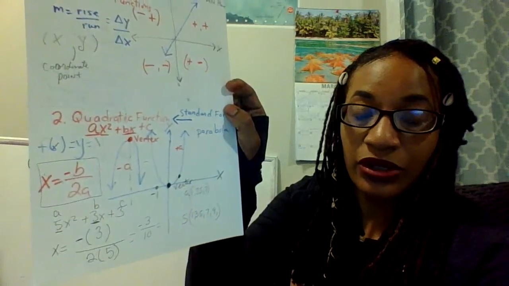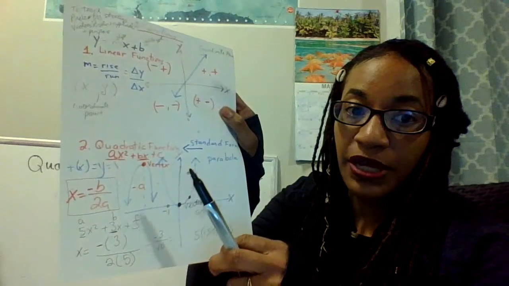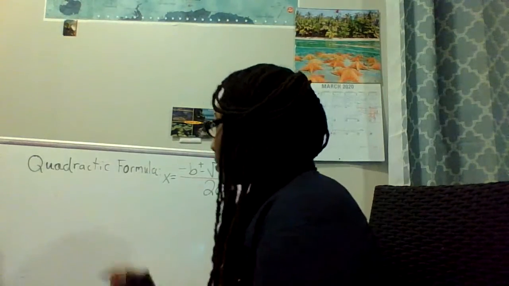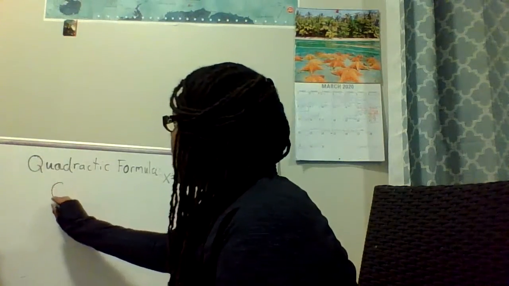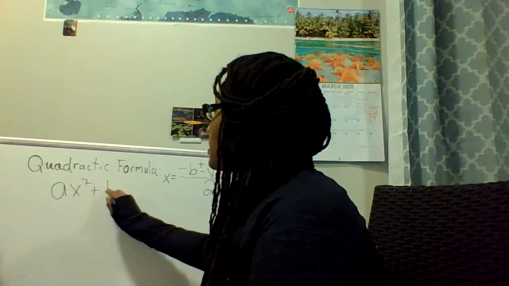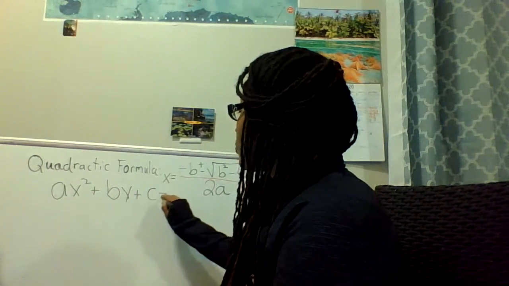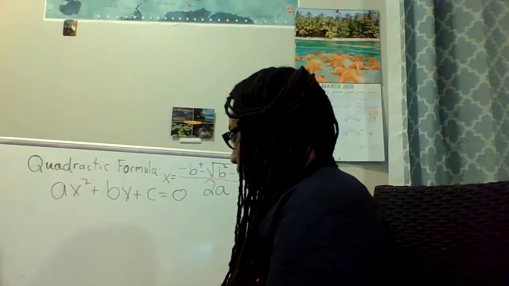And the standard formula for quadratic functions is ax squared plus bx plus c. So let's put that up here. They usually come in the form of ax squared plus bx plus c equals 0.